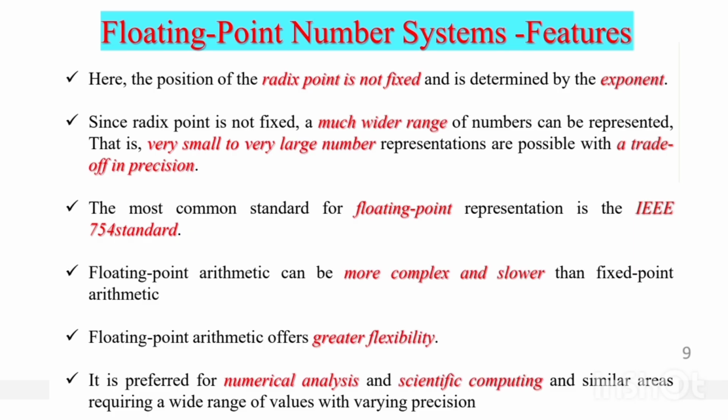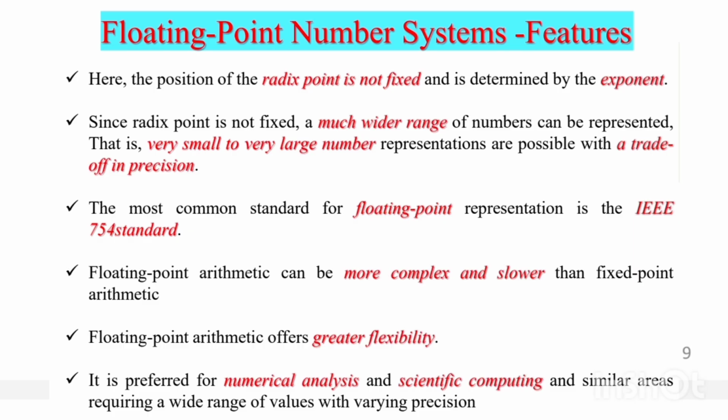Then the most common standard is, as we already discussed, the IEEE 754 standard. And floating point number arithmetic can be complex, because for improving precision we are increasing the number of bits, and also we can dynamically change the floating point as per the exponent value.